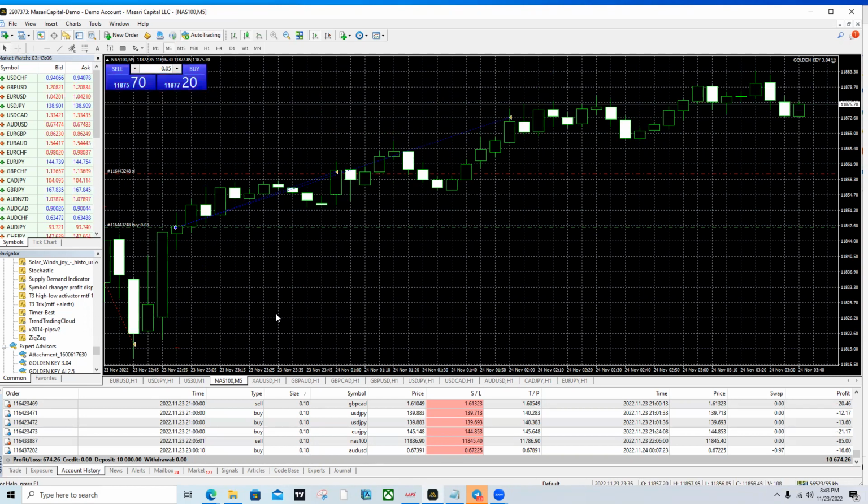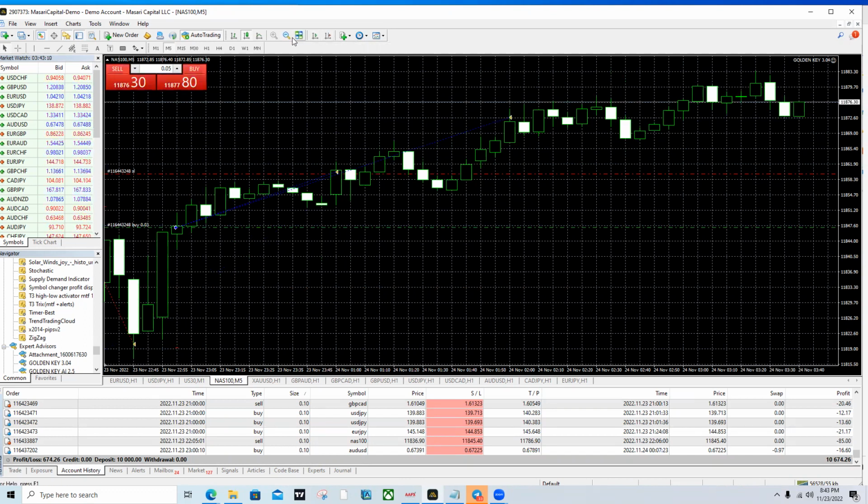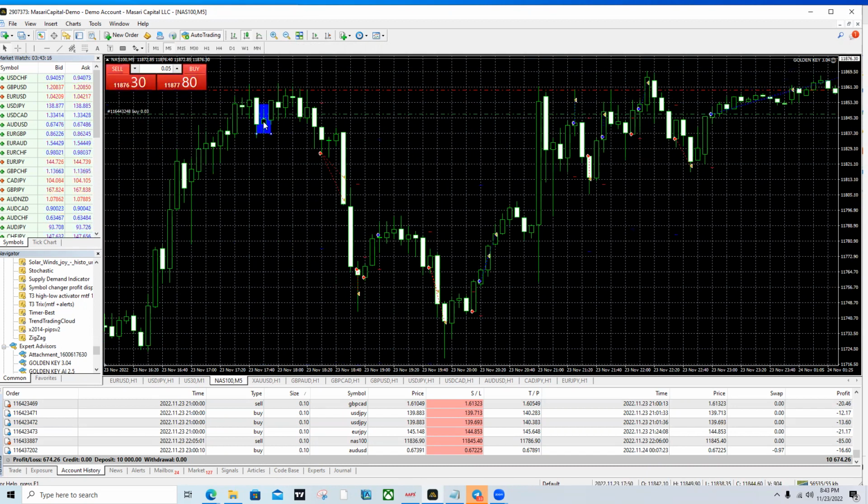So basically, all this strategy does, it follows the zone. It follows the candles. So if you have a certain zone, say for instance here, this is your zone, and the trade is going to take effect when the zone is broken. So notice you have a break of the zone, and then it went into profit.